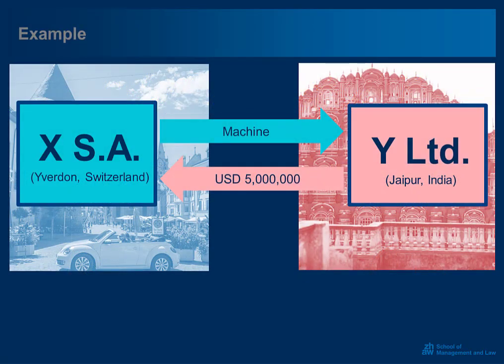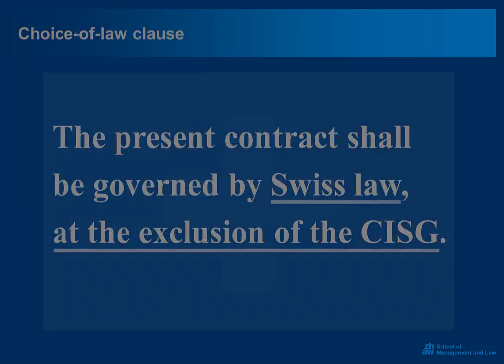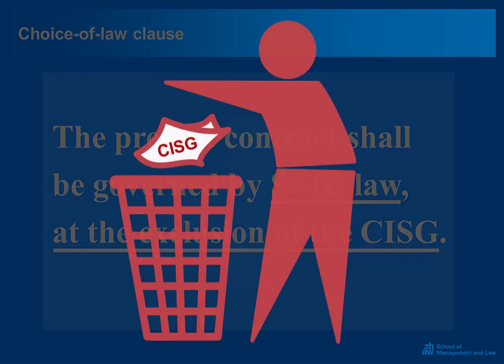This kind of analysis is highly relevant in practice for contract drafting. It is the basis for evaluating the consequences of either having the contract governed by the CISG or adding a clause that excludes the application of the CISG.